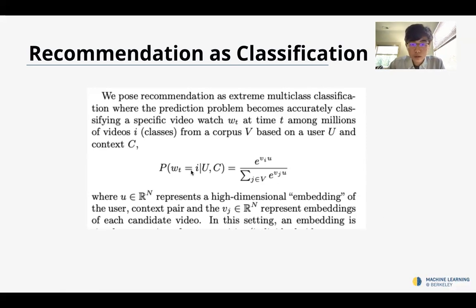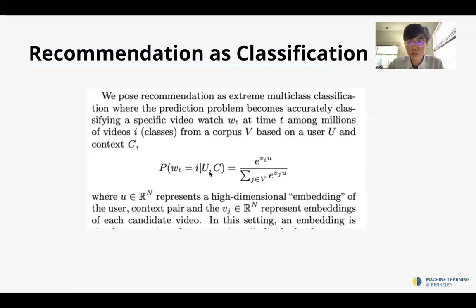And if you're not familiar with what this formula does, what's on the right side is basically just a softmax of the dot product between V and U. V is an embedding for the video, U is an embedding for the user.